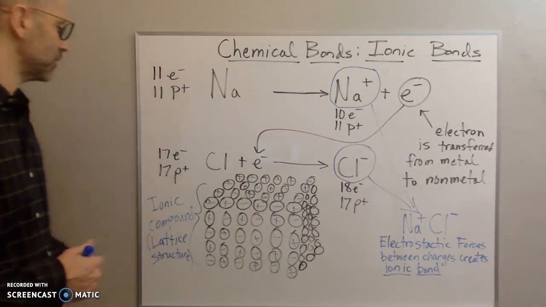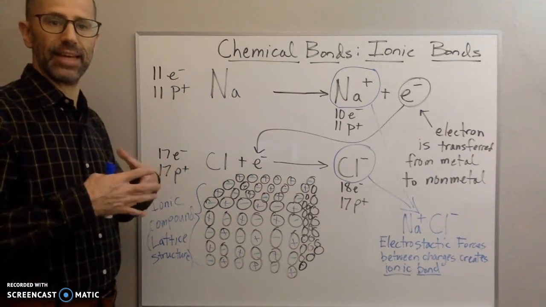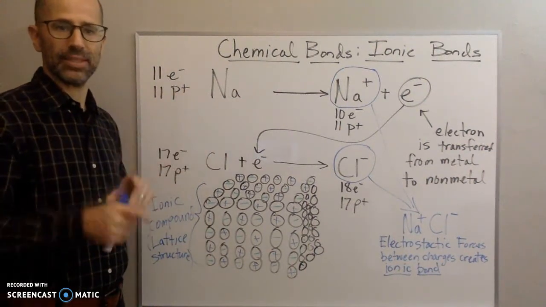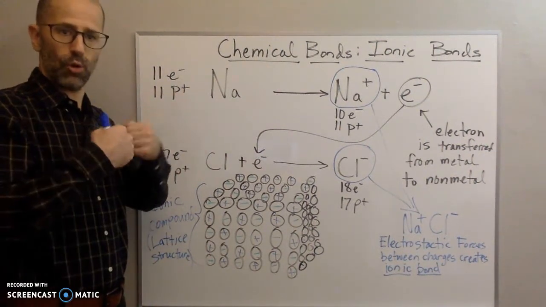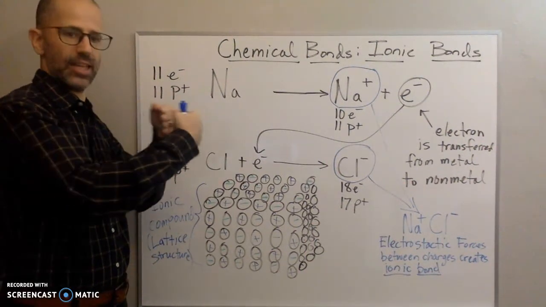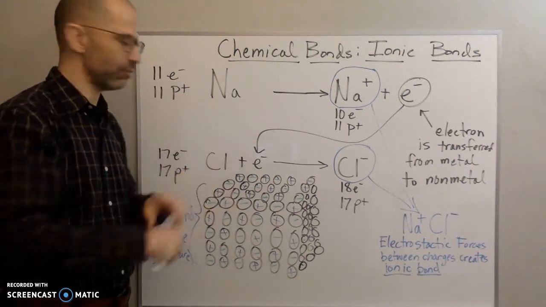So ionic substances, because they're electrostatic, they can attract various ions on opposite sides.